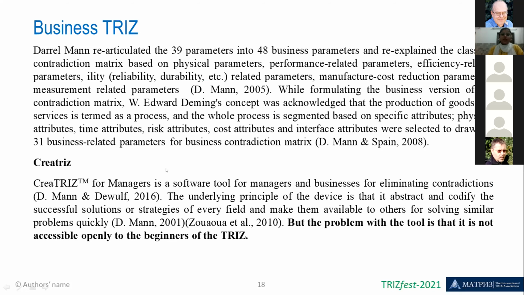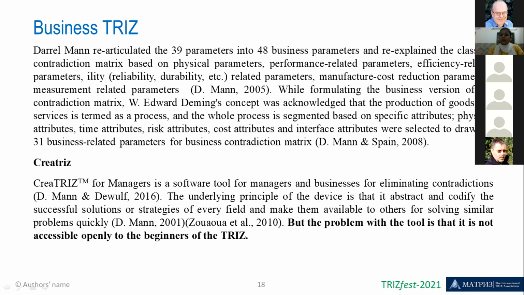Then there is also a software called TRIZ for Managers, developed for eliminating contradictions. The underlying principle of the tool is that it abstracts and codifies the successful solutions or strategies of every field and makes them available to others for solving similar problems quickly.